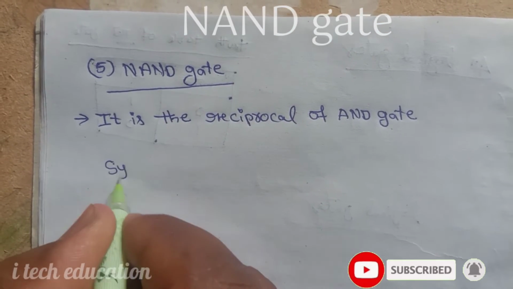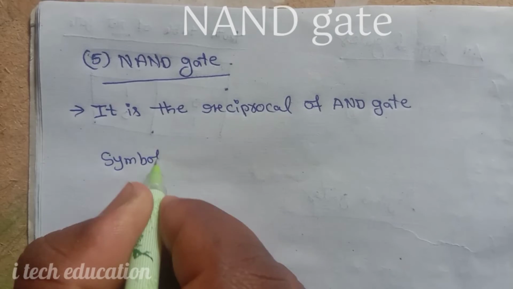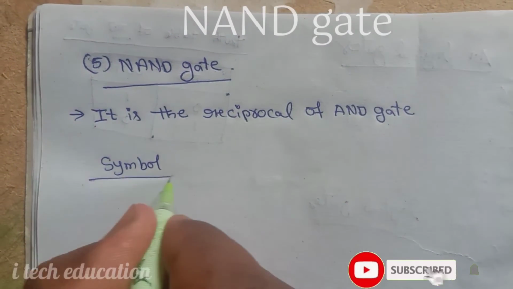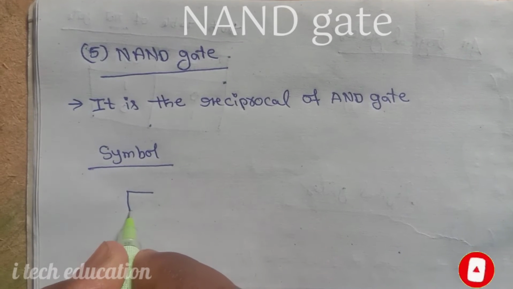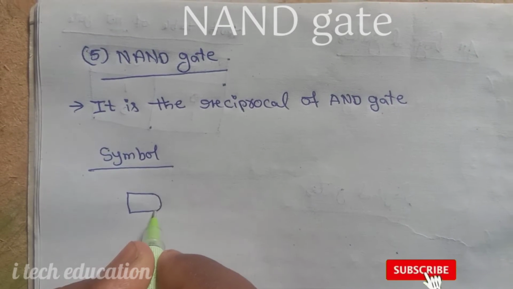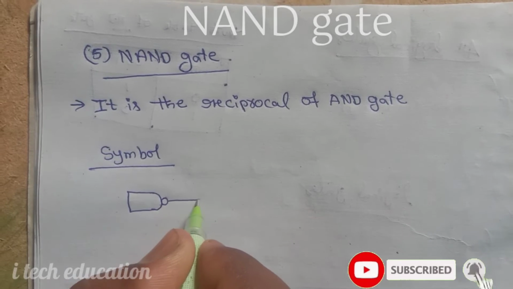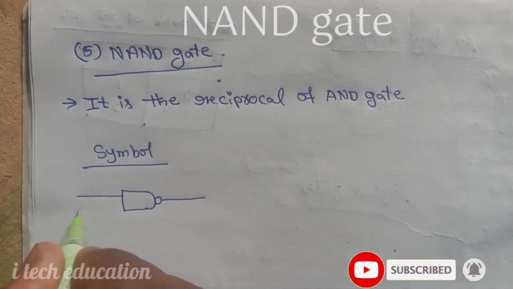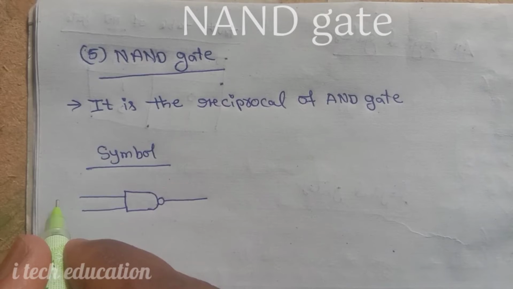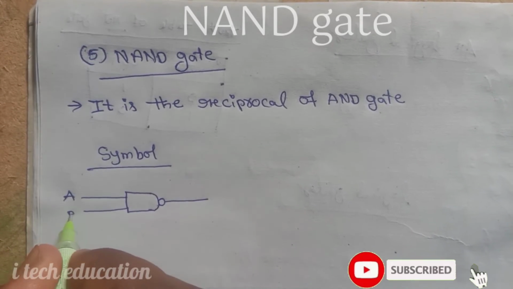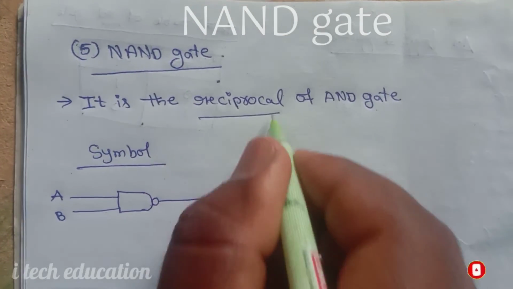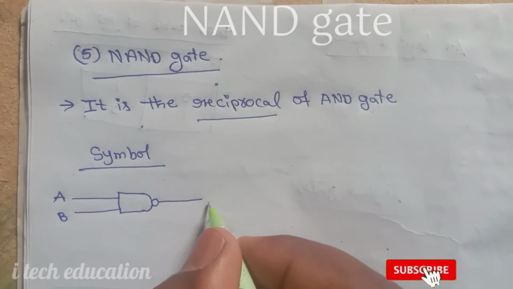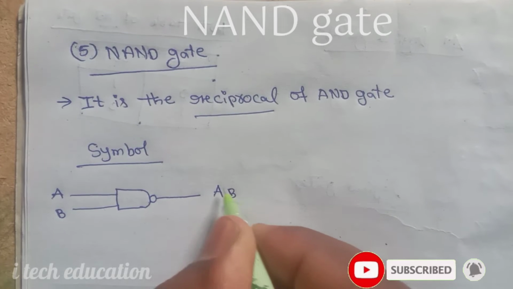Let us see the symbol of NAND gate. It is like this. The input of NAND gate is A and B. The NAND gate is reciprocal so that A and B bar.